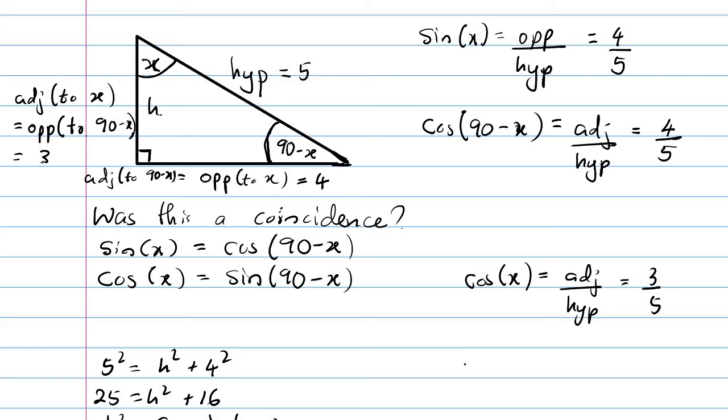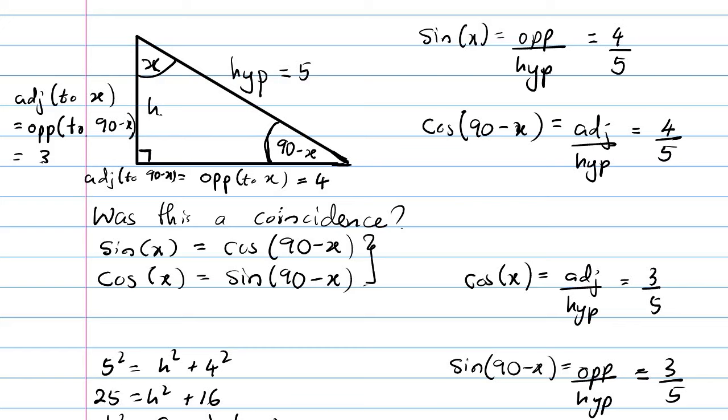Now if we want sine of 90 minus x, that's going to be the opposite over the hypotenuse. And what is opposite to 90 minus x is 3. And the hypotenuse is always 5. So that's how you get this. In general, it need not be this triangle, in any right triangle you will be able to see this, right?